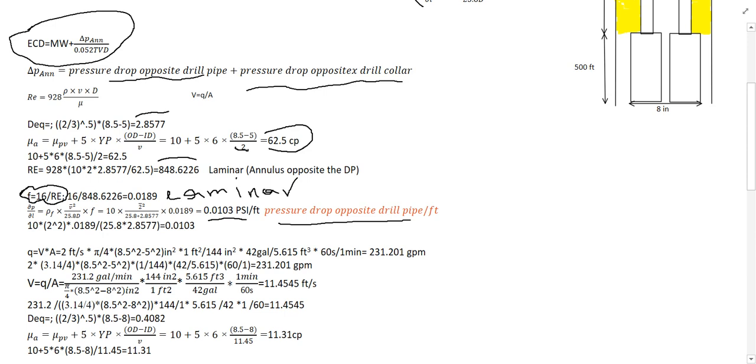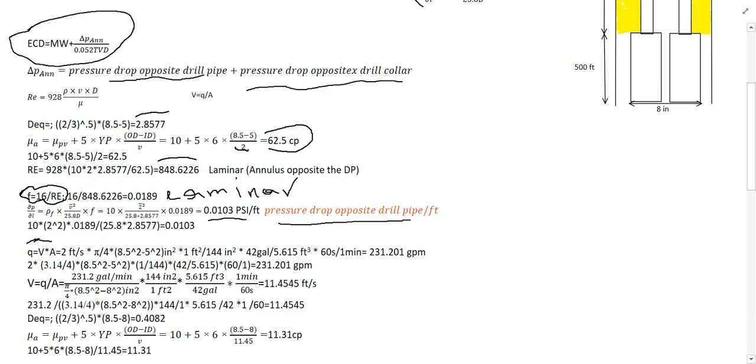First, as we mentioned, the flow rate is constant, therefore we have the velocity opposite of the drill pipe. We can use the equation over here to find the flow rate. We have the velocity of 2 feet per second.